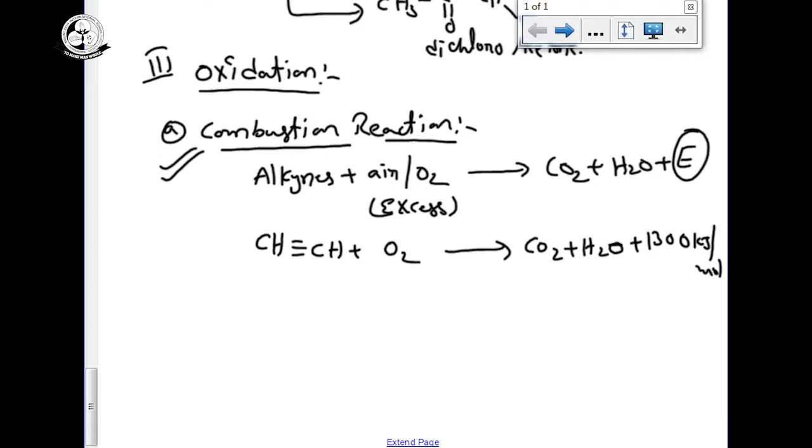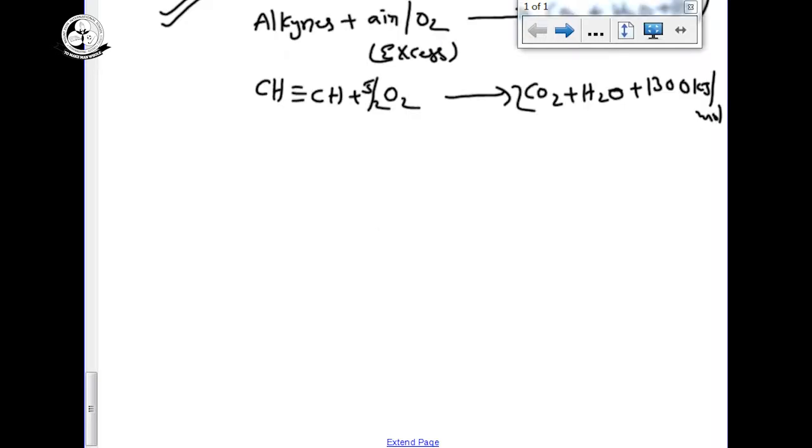That's why it is used for welding purposes. The oxyacetylene flame is used for welding, to produce high temperature, to cut hard metals also. This is 5/2 O2. Not only one, any alkyne on combustion gives CO2 and water and liberates a large amount of energy.